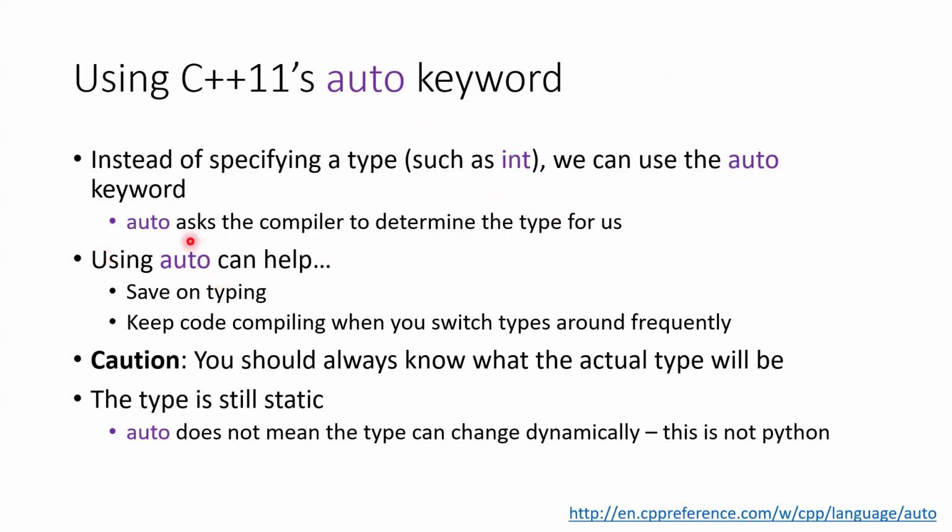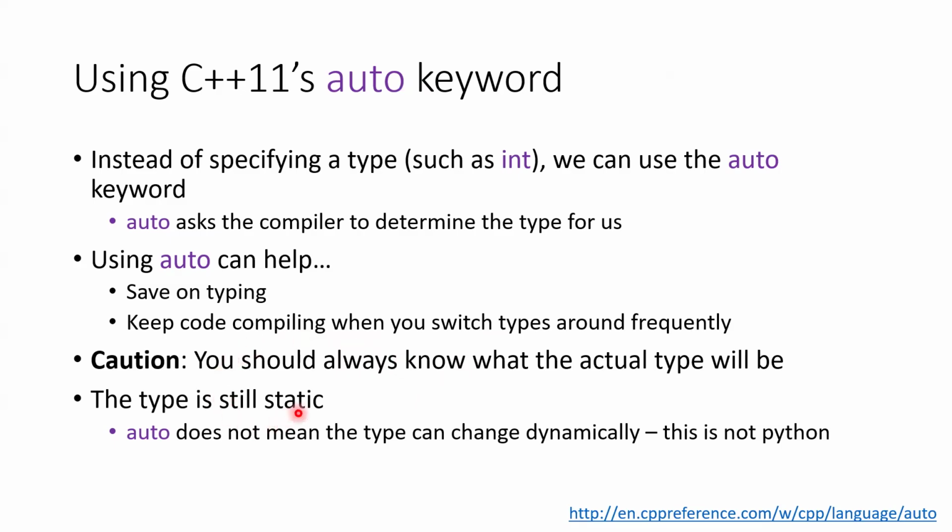Using auto can help mainly with saving typing. And if you're switching types around frequently, sometimes the compiler is determining the type for you. But you should always know what the actual type will be. If you're doing anything confusing with the auto keyword, it could be very hard to debug.